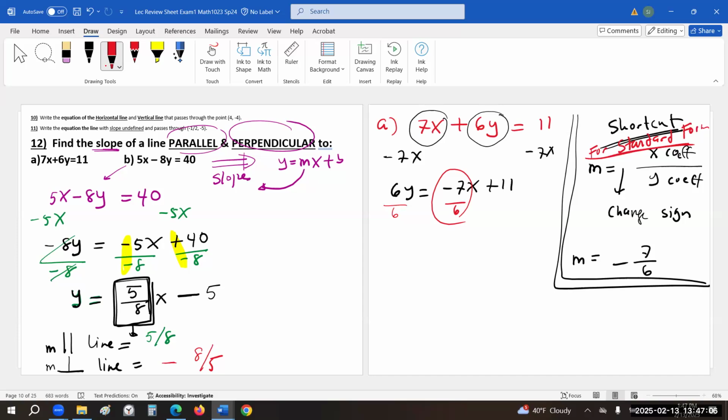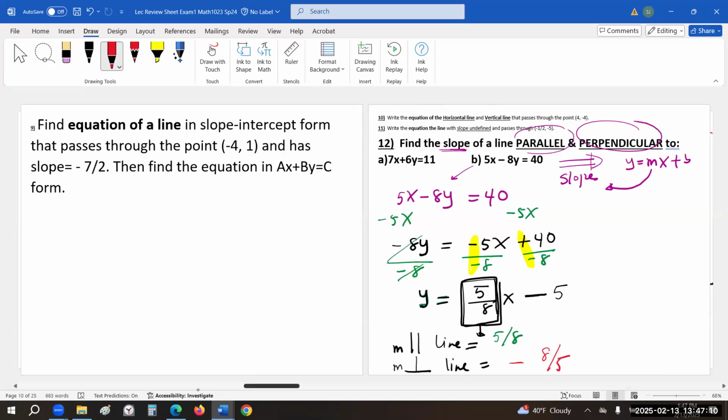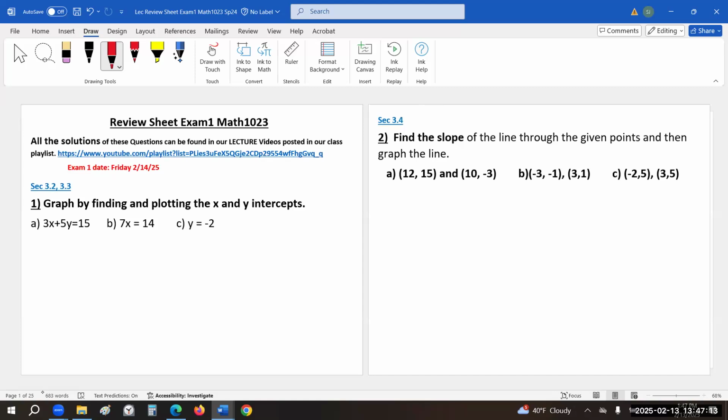Standard form only. So for example, if you go to your question 1, A is in standard form. So you don't have to do all the details. You can simply find the slope as the x coefficient divided by the y coefficient, and then change the sign.